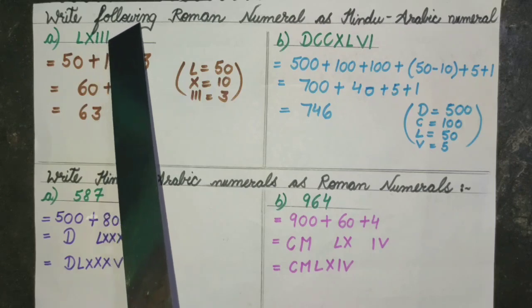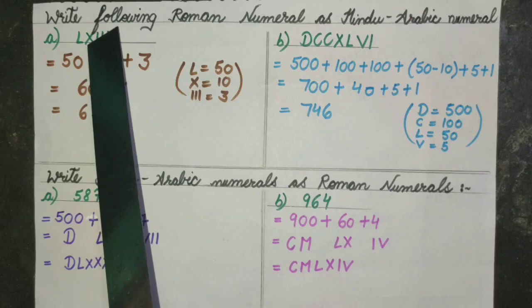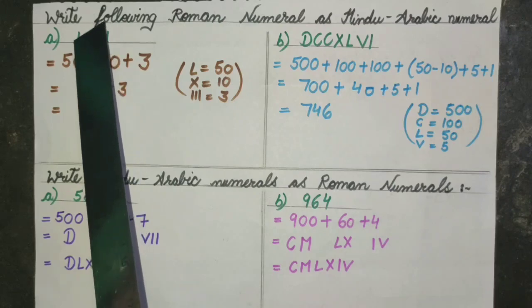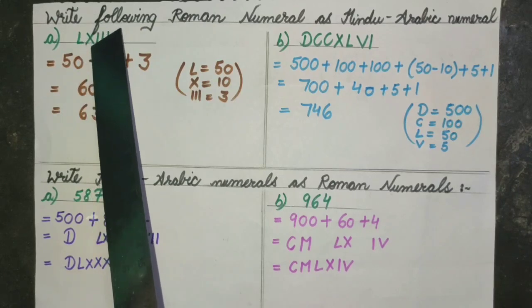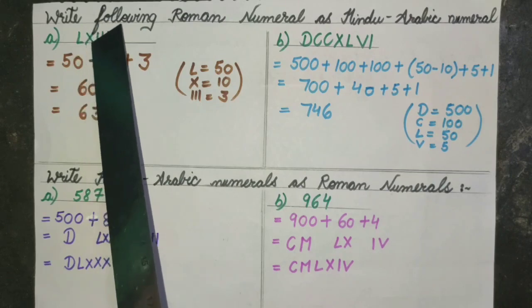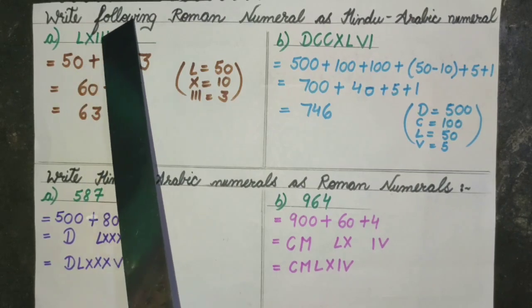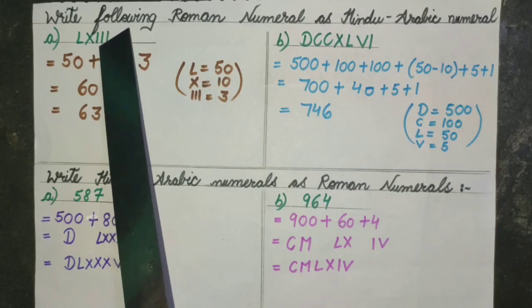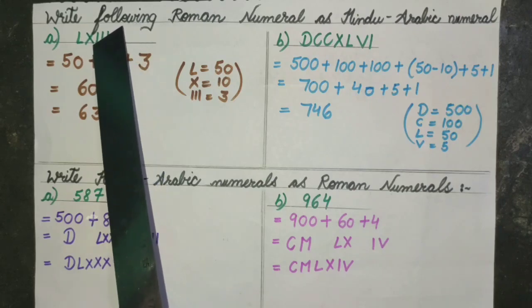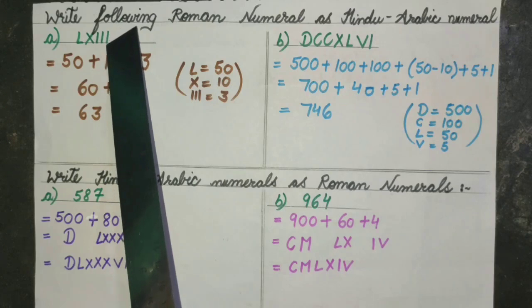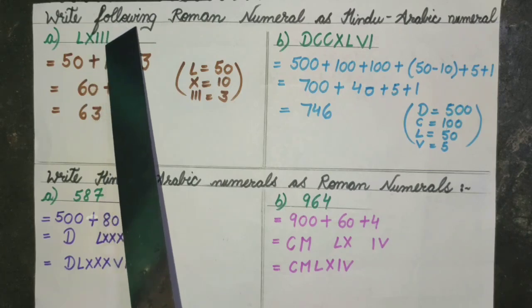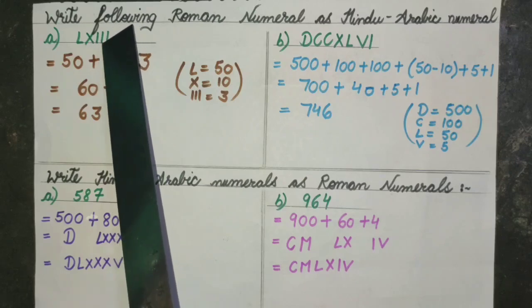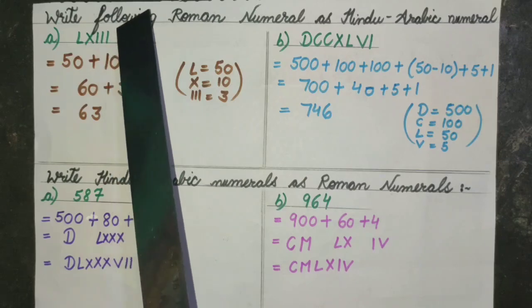Class, here we are using X, a symbol, after the bigger symbol. Remember rule 2, the rule of addition. When we use a symbol after a bigger symbol, we are adding the values. Here I is used after the bigger symbol X. So again rule 2, the rule of addition, will be applied.